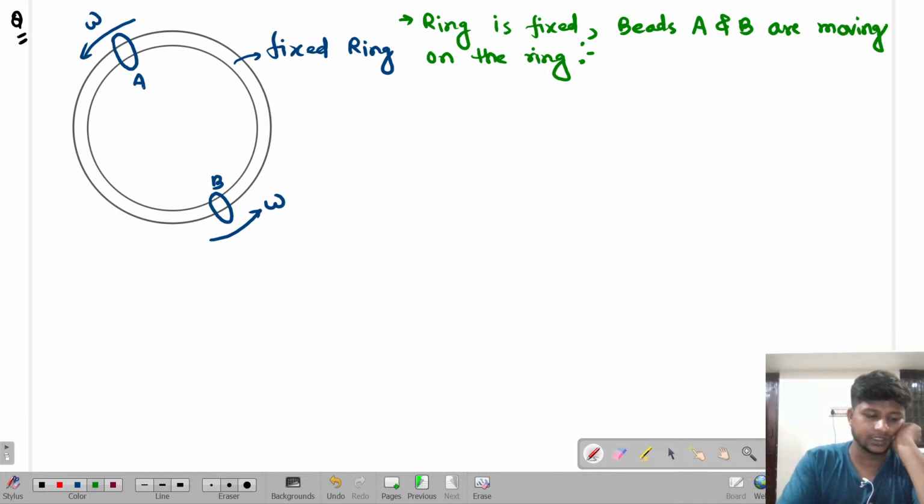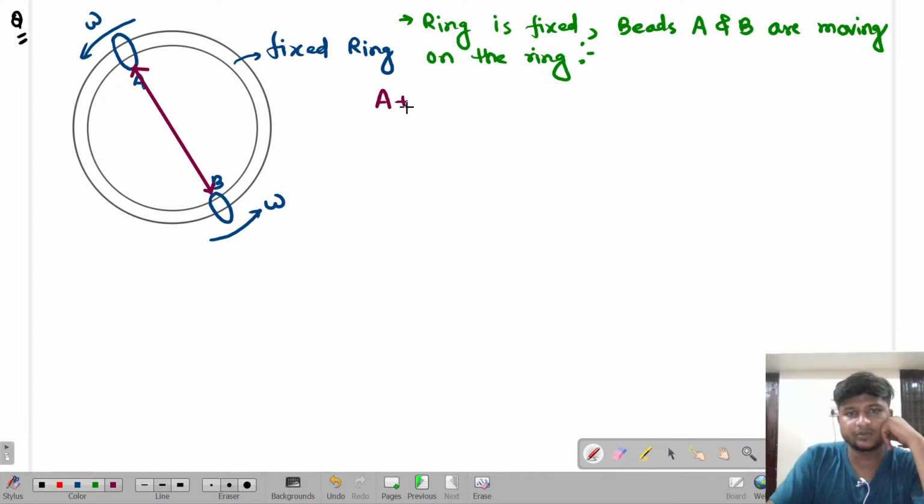Yes, you can write anything. See, if I just consider the beads when they are rotating, their distance gap will always remain the same, or not? The diameter will always remain. So that means we can say that the A plus B system is my rigid body. Yes or no?